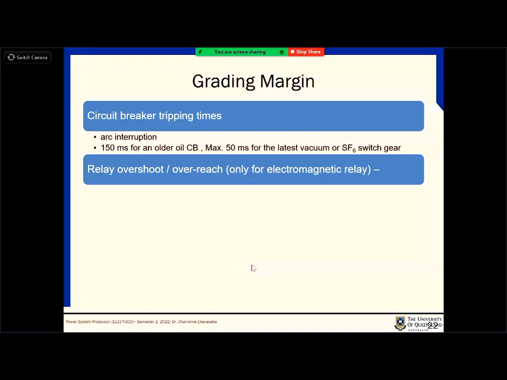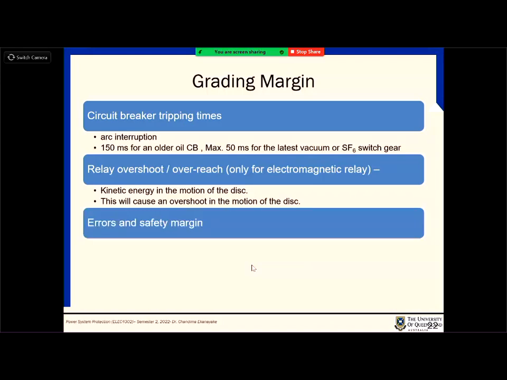So those are the overshoots of those relays. That's in control systems, if you learned about overshoot and undershoot, things like that. So it comes from those control mechanisms, and you need to allow for those overshoot times. Basically it is caused by the kinetic energy in the disk when it is rotating, and it could go beyond what is required.